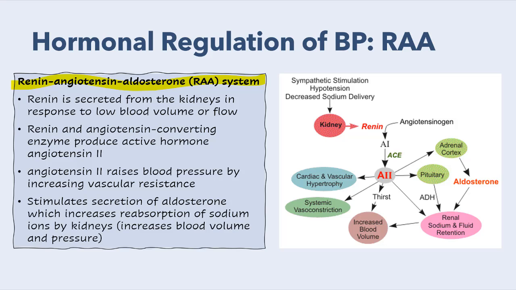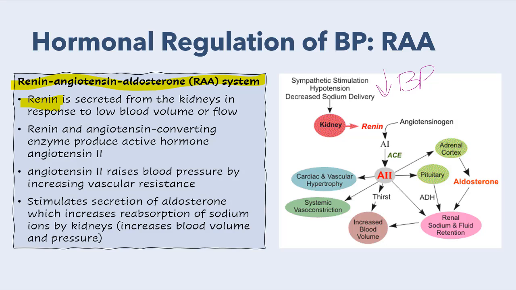So we're talking about a situation where the blood pressure is low to begin with. That will trigger the secretion of this chemical called renin. This hormone is secreted from the kidneys, to be exact.